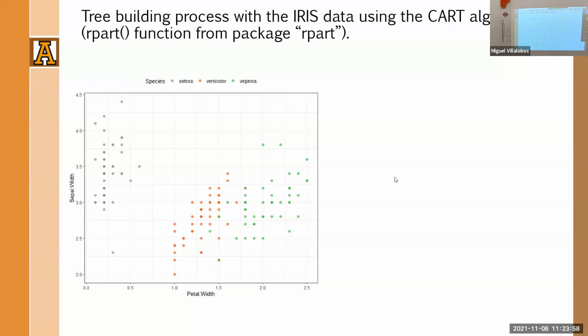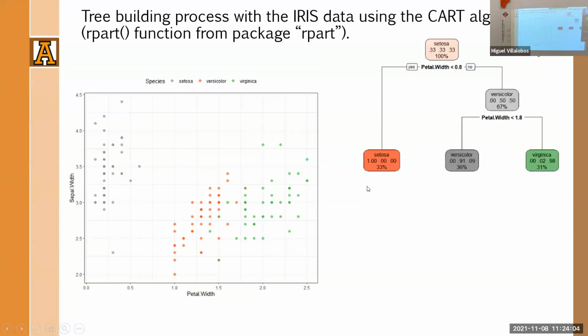This is using the function rpart from the party algorithm, and this is another way of displaying the tree. Here you can see the way that the tree is displayed.